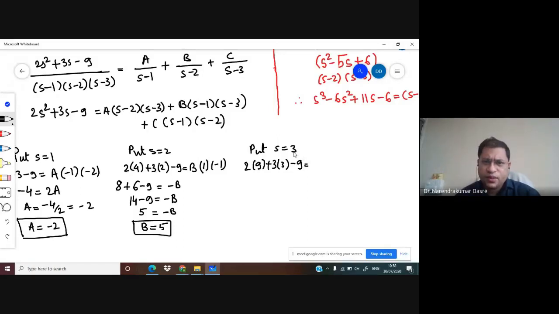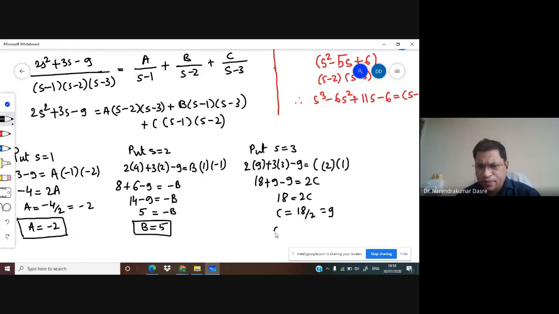So what we get here, if I put C, then S is equal to 3. So C here, and then this will be 2 and this will be 1. So here you have 18 plus 9 minus 9 is equal to 2C, and so 18 is equal to 2C. So C is equal to 18 by 2, that is 9. So C is equal to 9.